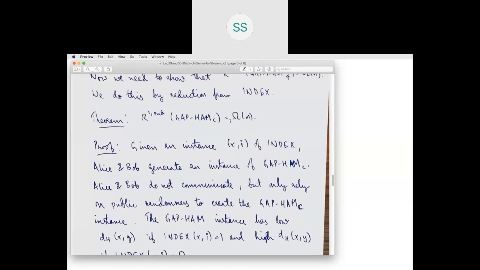Recall that in lecture 28 we had shown a lower bound for the index problem. The lower bound was that the randomized one-round complexity of index was linear.